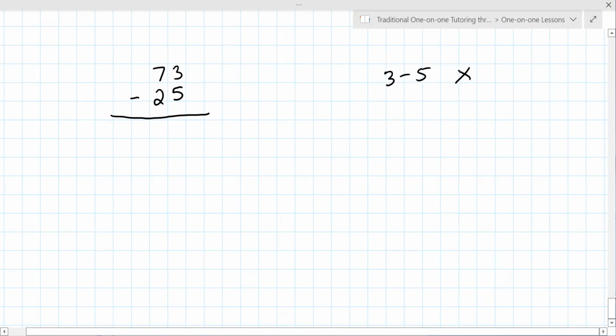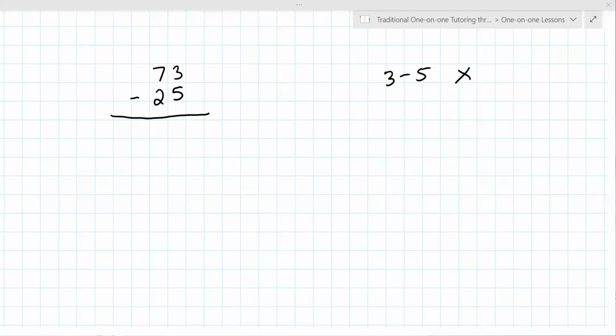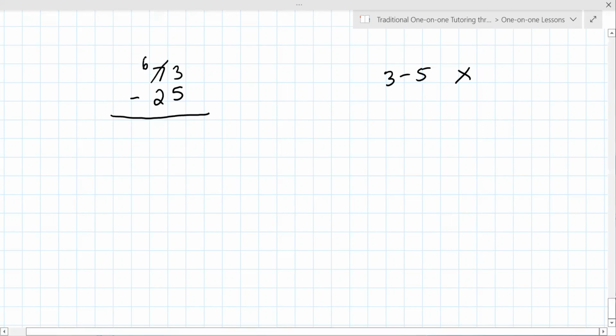Can't do that. So you need to borrow from the 7 this time. The 7 goes down to a 6, and then you put a 1 next to the 3. And that becomes 13.